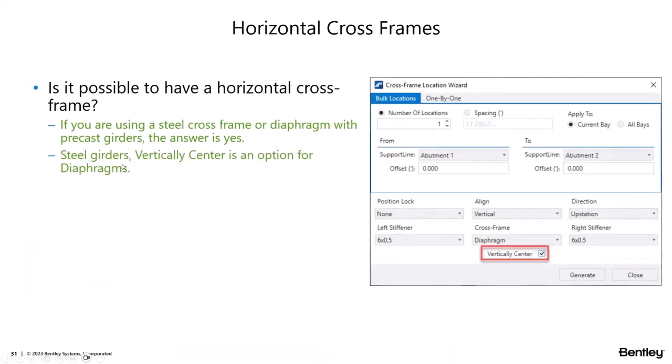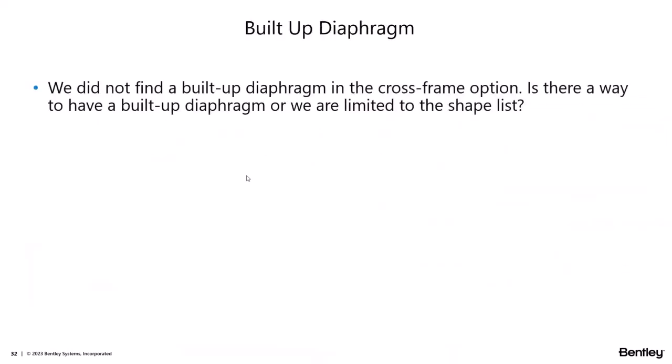For steel girders, there is a vertically center option if you're using a diaphragm. All right, so we can vertically center those. And there's also a new option when you're defining the cross frames, and I didn't include that on here, but you can tell it, instead of using the top or bottom of the cross frame, you can do it relative to its center of gravity, which is a new option.